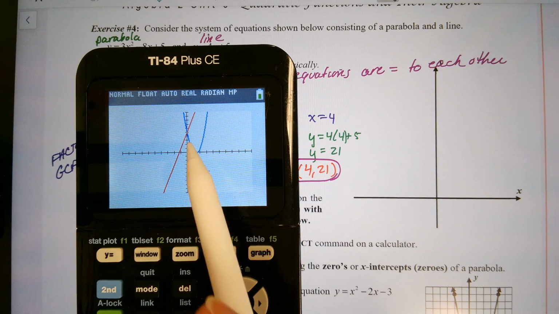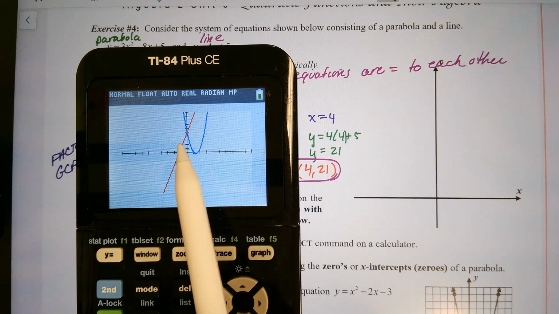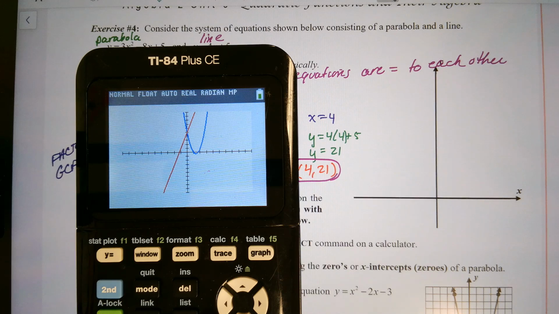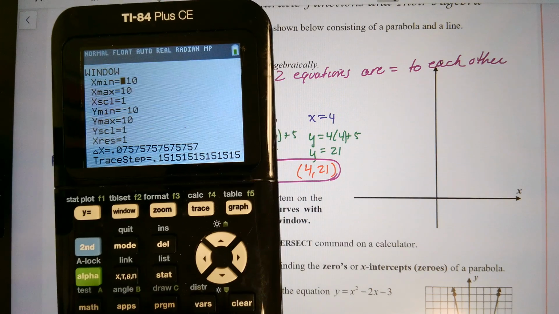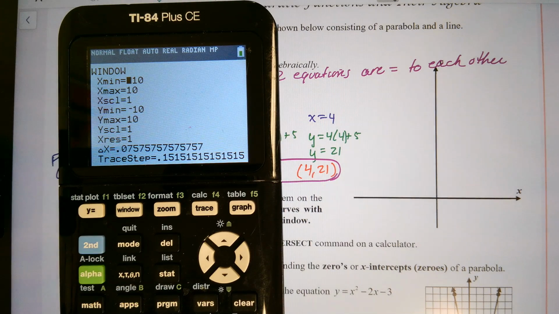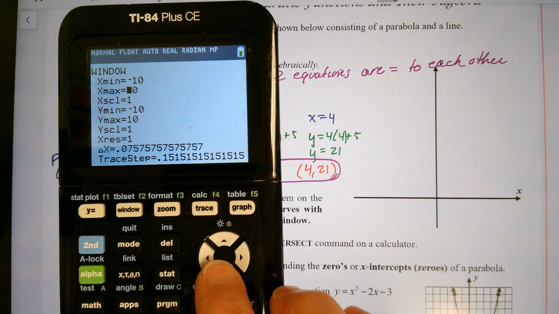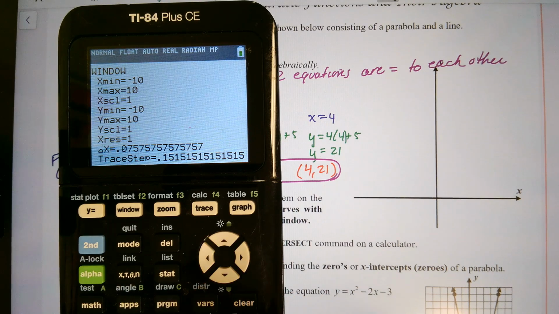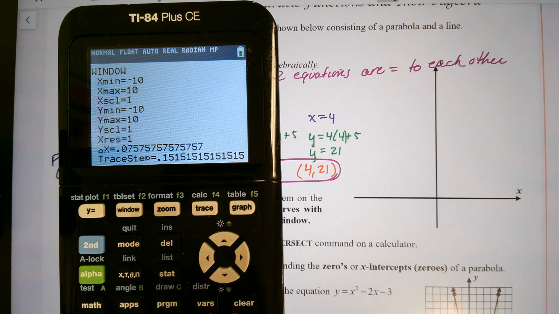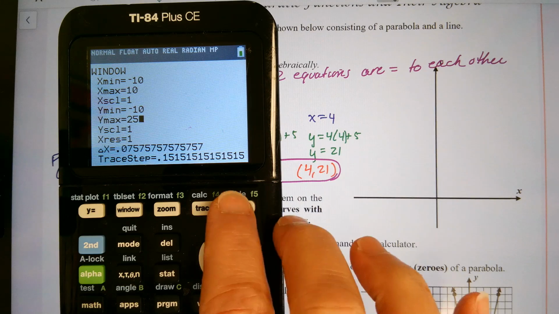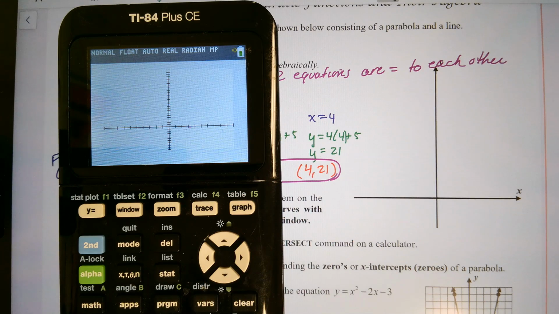And we see only the one intersection point, the 0, 5. So we need to adjust the window on our calculator. So we press window. And it's our y value that we need to see more of. So let's change the y max to, we know it intersects at a y value of 21, so I usually go a little higher than that, go with 25. And let's see what that looks like.